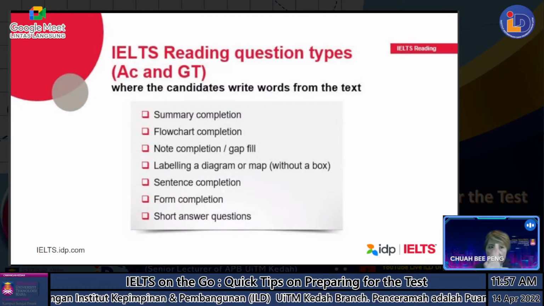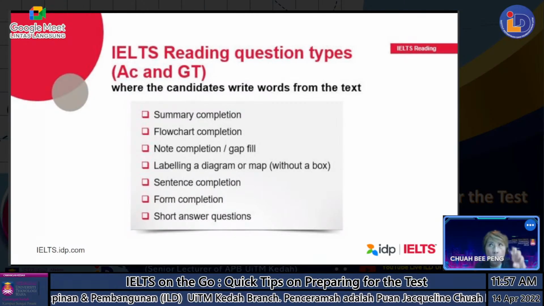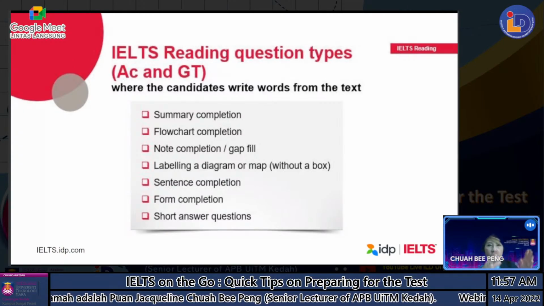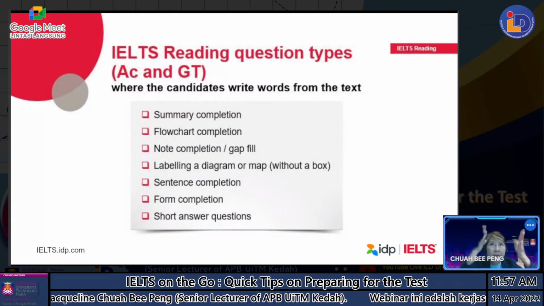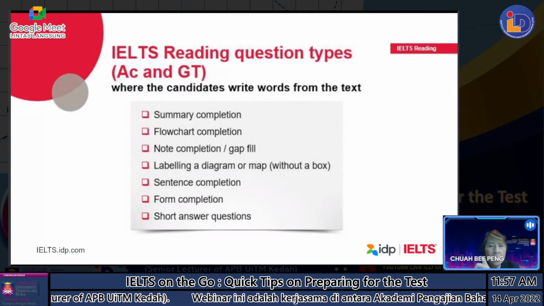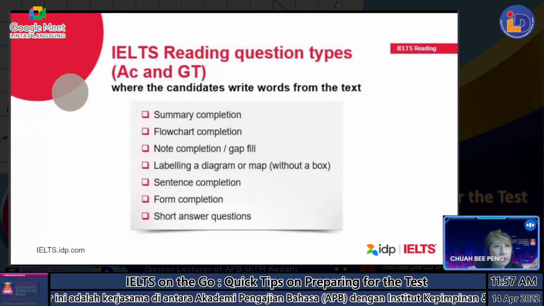Usually it's in a cluster. They don't jump from paragraph 1 and then summarize from paragraph 4 and then 5. It's always in a cluster of maybe paragraphs 1, 2, 3, and then they give you one short summary on that, and you have to fill in the blanks of the summary by looking for the information from the 3 paragraphs.